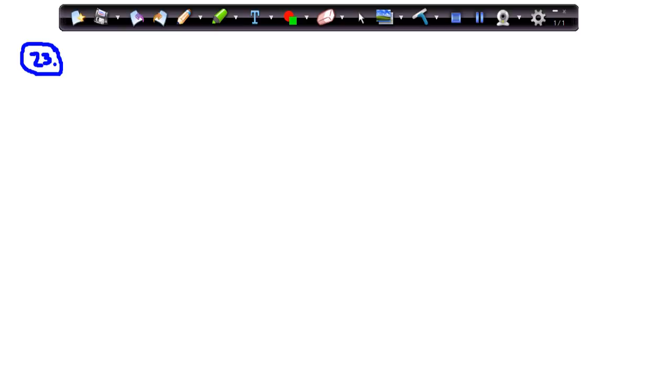As you can see from your book, it reads 2x squared minus 6x minus 36 divided by 2x minus 12 equals.